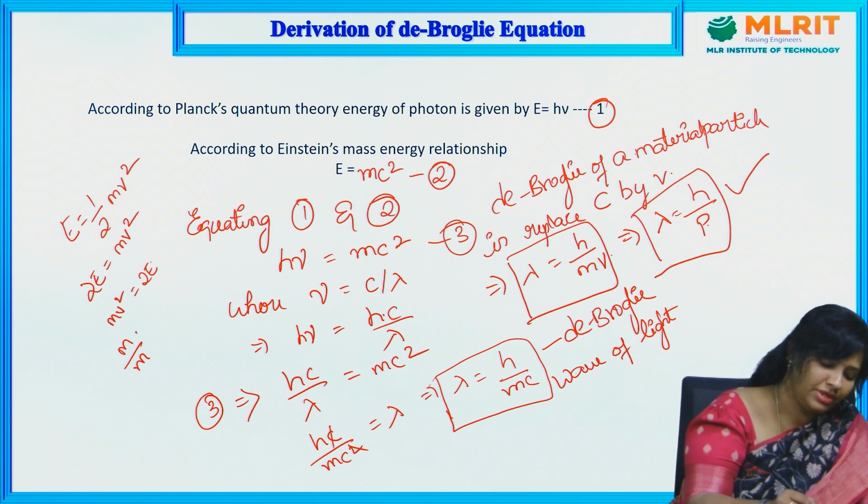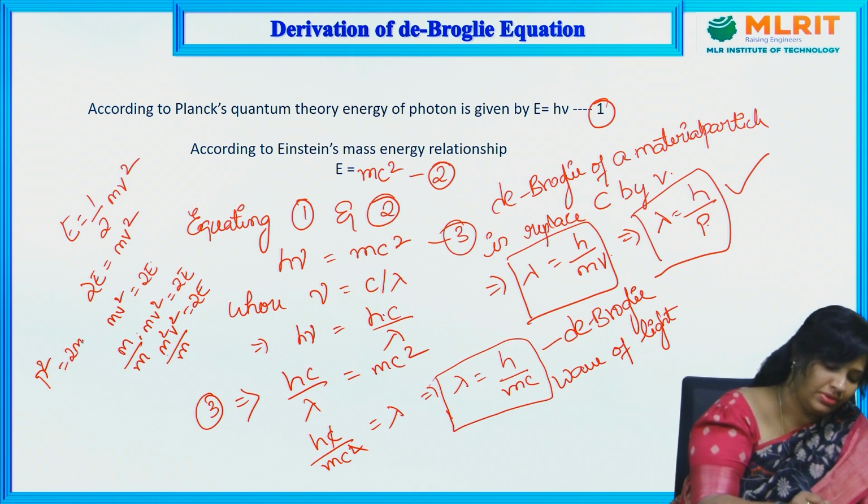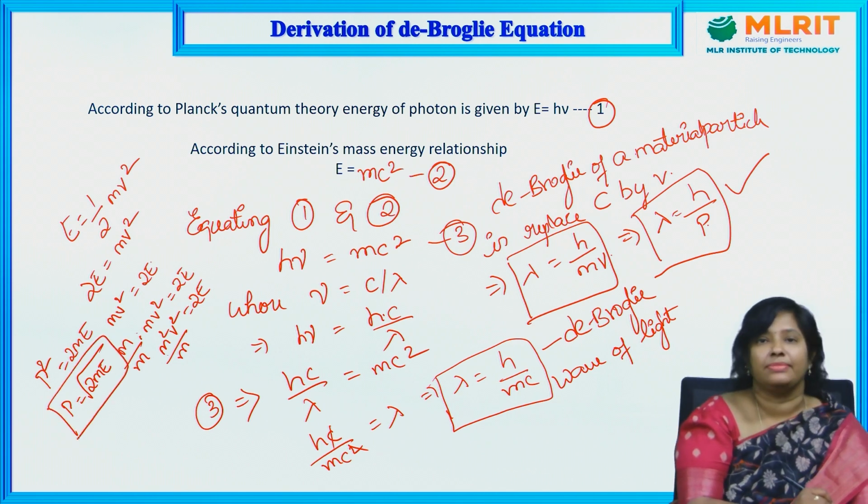Then we are going to get m into mv square is equal to 2E. That is m square v square by m is equal to 2E. m square v square we can write as p square. We can write p square is equal to 2mE. Now p is equal to under root of 2mE. This is the momentum in terms of kinetic energy.